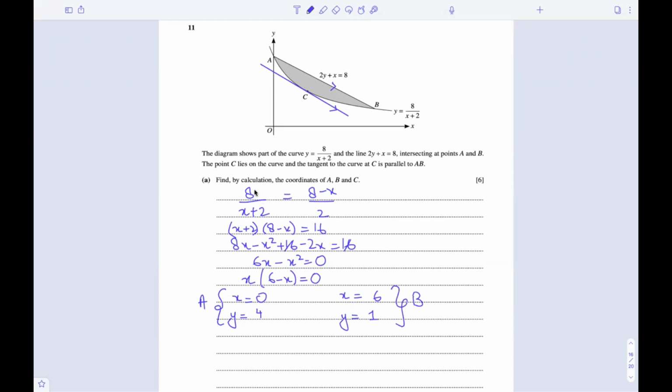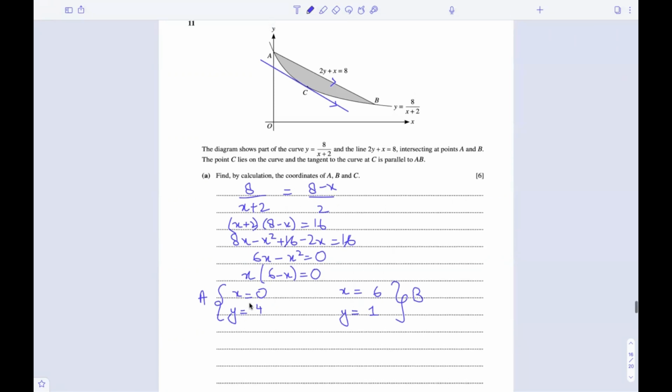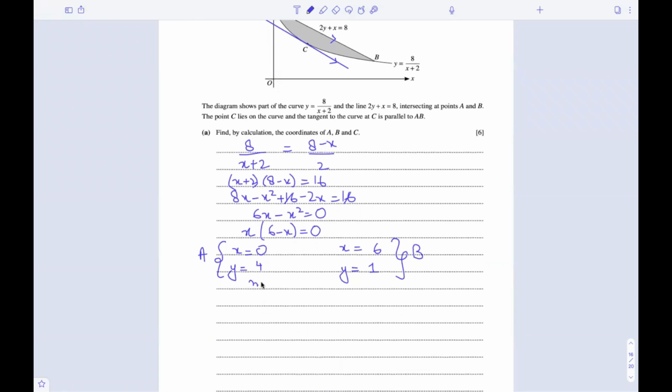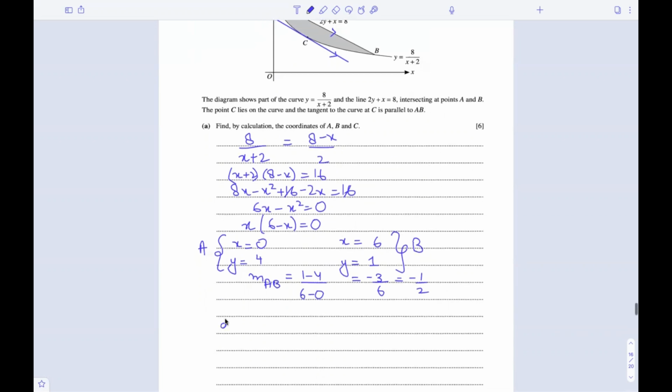For the coordinates of C, we know that the gradient at point C is equal to the gradient of AB. So the gradient of AB is y2 minus y1 upon x2 minus x1, so 1 minus 4 upon 6, which is minus 3 upon 6 or minus 1 upon 2. The gradient of the curve at point C is dy dx.